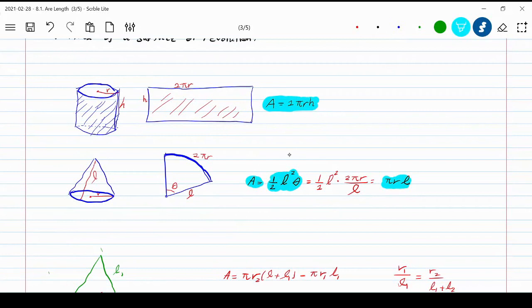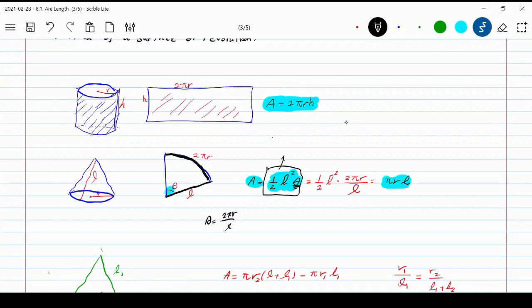The area would be calculated by 1/2 L squared theta, where theta is this angle, but theta is related to the radius and L. Theta in radians depends on the length 2 pi r and the length L, so theta would be 2 pi r divided by L. Instead of theta in the equation, you can replace it: 1/2 L squared times 2 pi r divided by L.